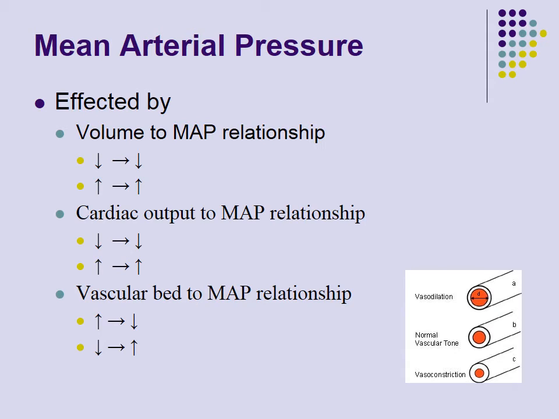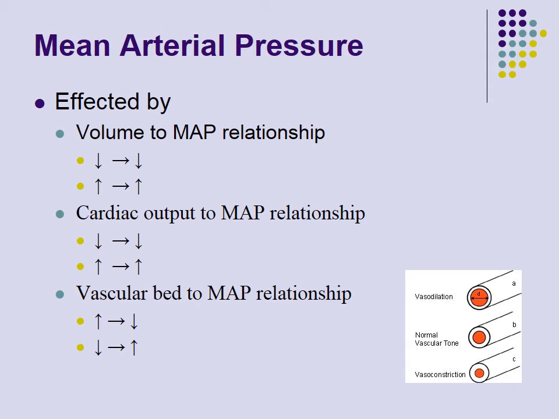When we look at the vascular bed, though, things are very different. The vascular bed has a converse relationship. The way that our blood vessel responds to changes in our body are very different, opposite of what we'll expect with our mean arterial pressure. So as our vascular bed increases or vasodilates, we are going to see that our mean arterial pressure will drop.